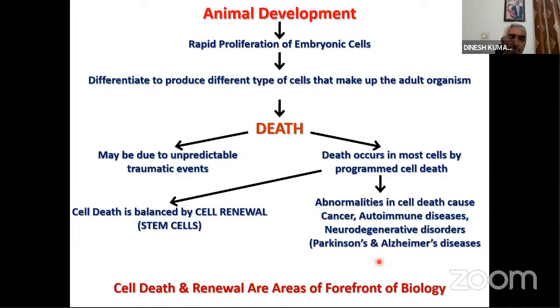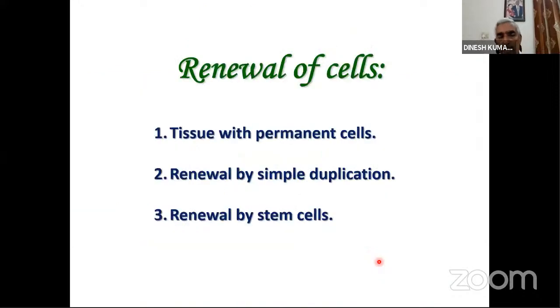Cell death and renewal are the forefront areas of biology nowadays in the 21st century. So let us start renewal of cells. When a whole organism body is formed, you can classify the cells into three forms: tissue with permanent cells, renewal by simple duplication, renewal by stem cell.